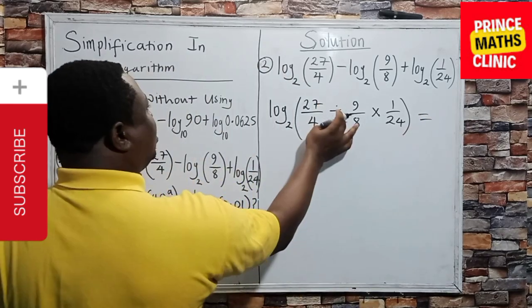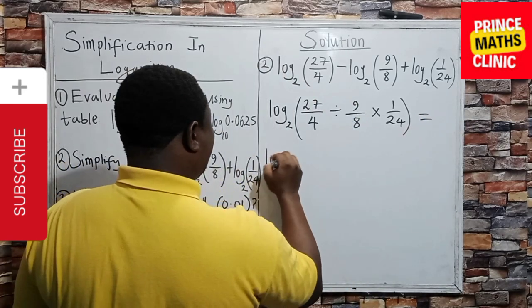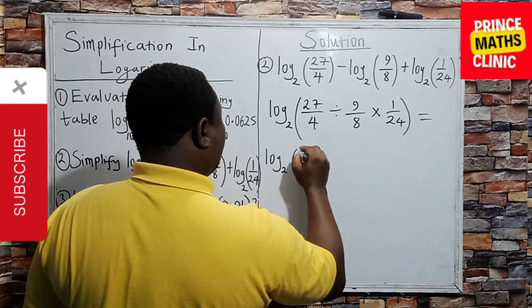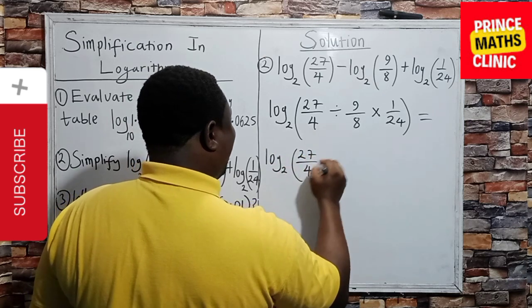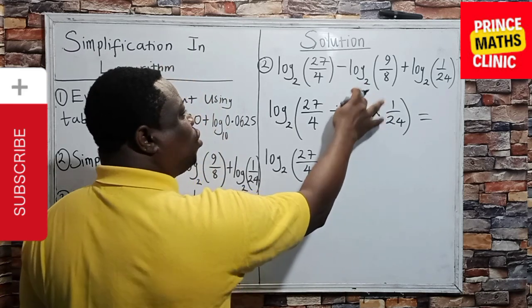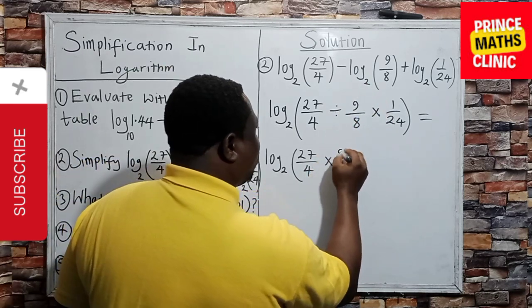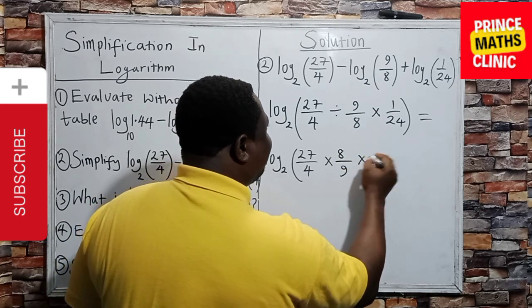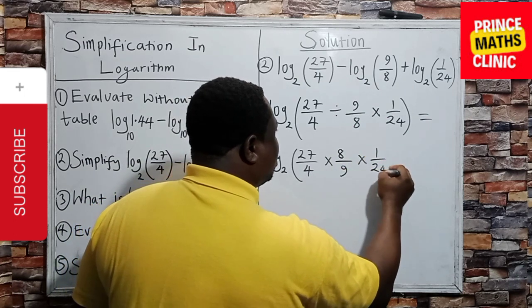When division turns to multiplication, it becomes 27 over 4 times, the denominator goes up to become numerator, and the numerator becomes denominator, so times 8 over 9 times 1 over 24.